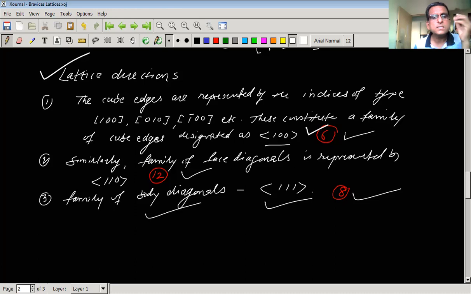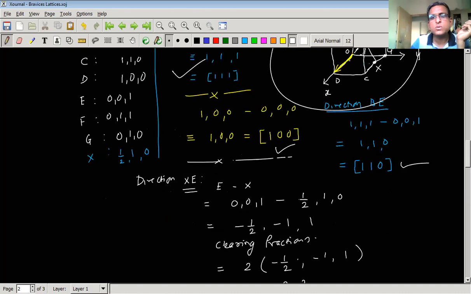So all these indices can be grouped into one family, and that will be called a family of face diagonals. You may be recalling this picture we have seen.